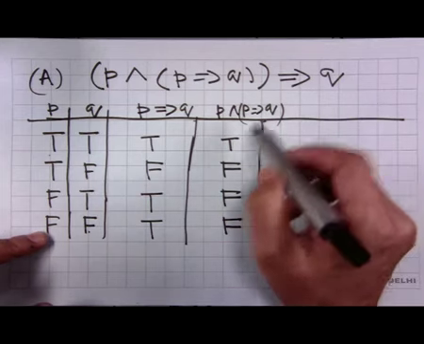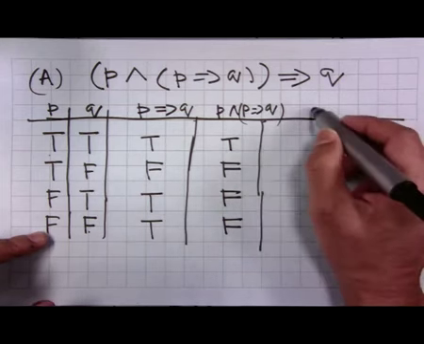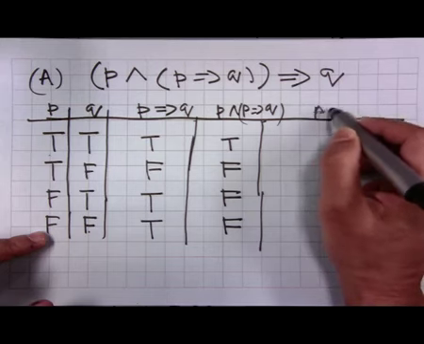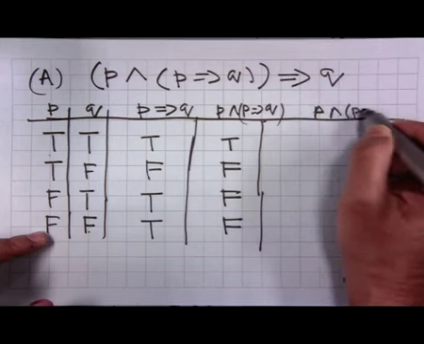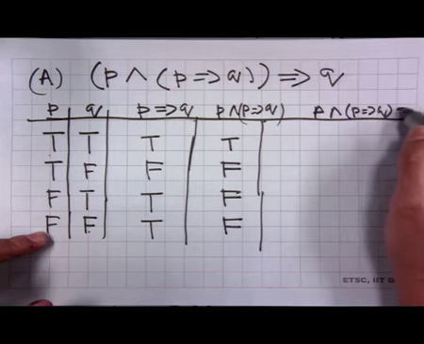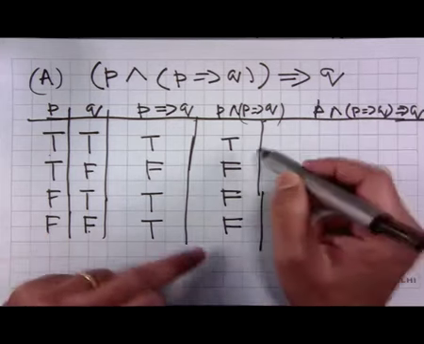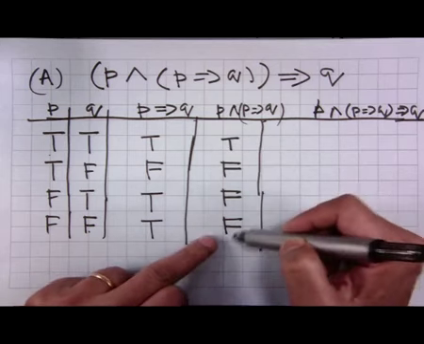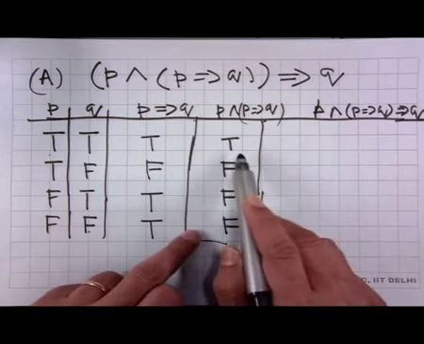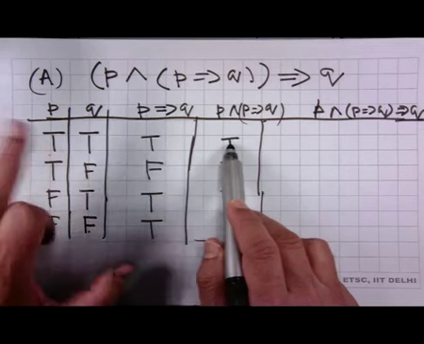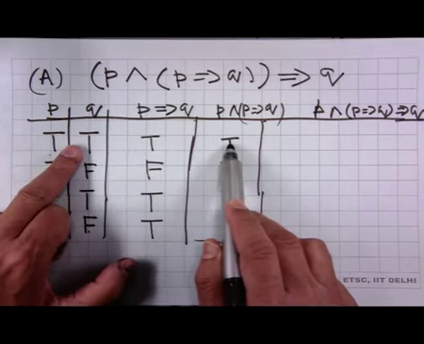Now, we have to look at what is the truth value for P and P implies Q implies Q. So, this is what we have got, P and P implies Q. Now, we will look at what is the truth value of this implies Q, where Q is given here.